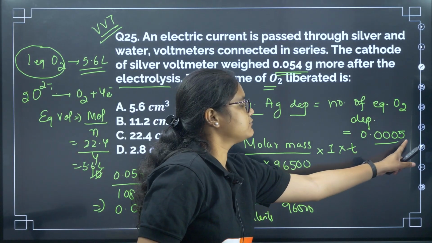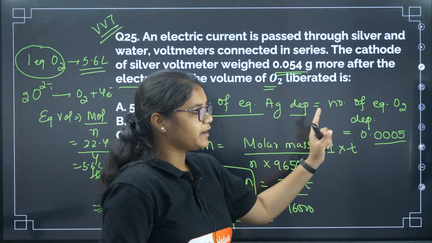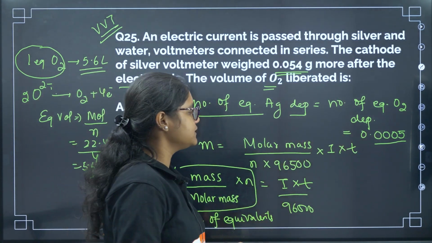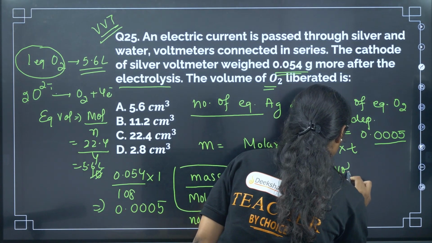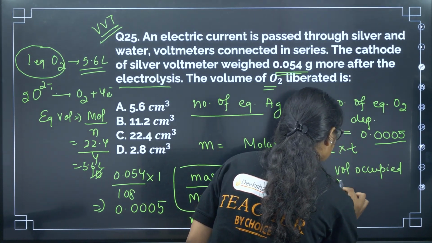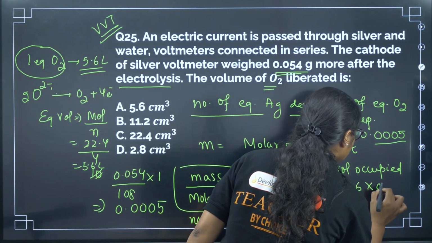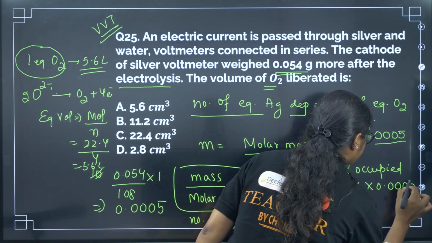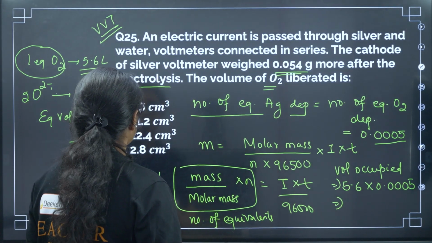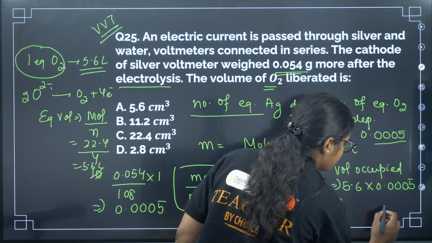Now how many equivalents of oxygen we have? 0.0005 equivalent. So one equivalent occupies 5.6 liters. So this many equivalents will occupy how much? So the volume occupied by one equivalent is 5.6 into 0.0005. Okay. So now if you solve this one, we can just multiply here.